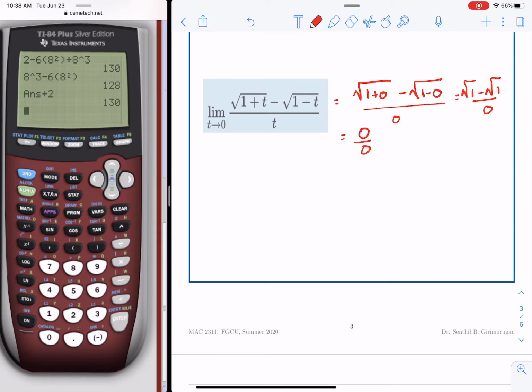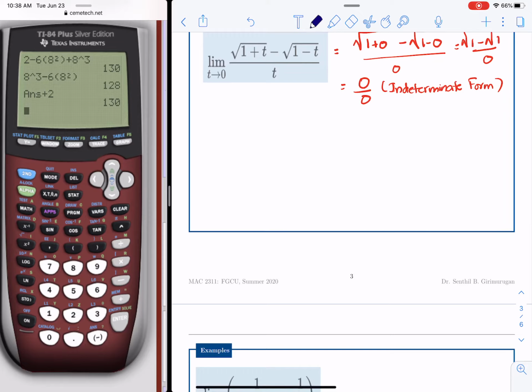When it comes to limits, 0 over 0 is not 0. This is what we call an indeterminate form. There is a rule called L'Hopital's rule, which we can use to find the limit, but we can't use it here because that rule depends on derivatives. So how do we go about doing this without having derivatives?